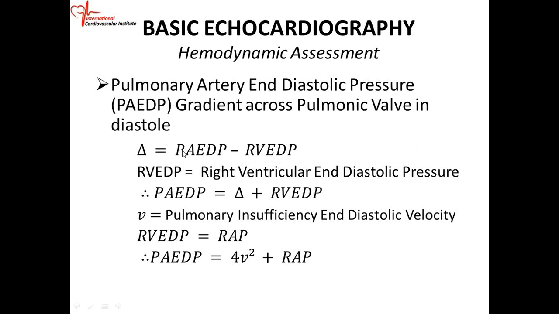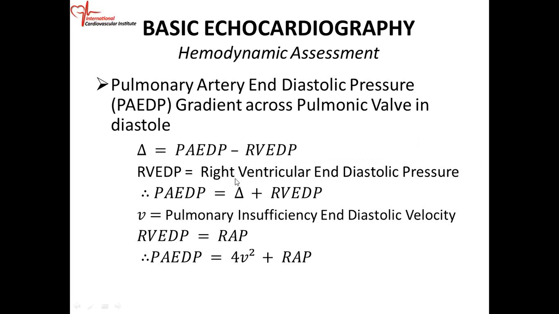Again, the gradient is equal to the diastolic pressure in the PA minus the diastolic pressure in the RV. If you rearrange this equation, you'll get the pulmonary artery end diastolic pressure.